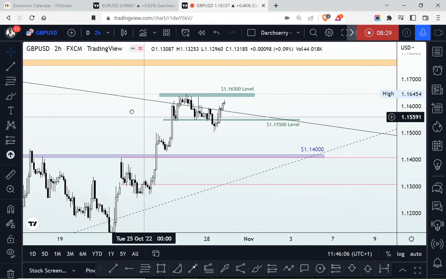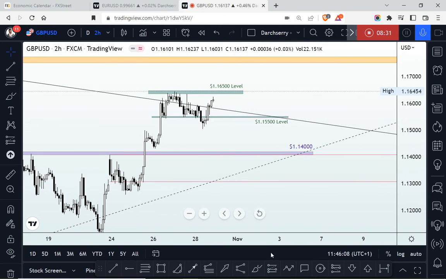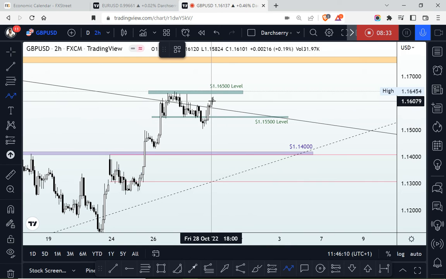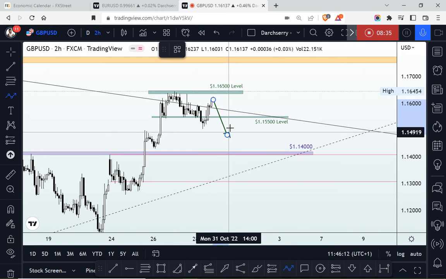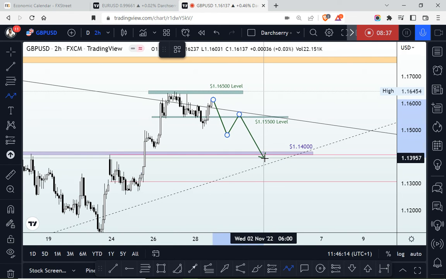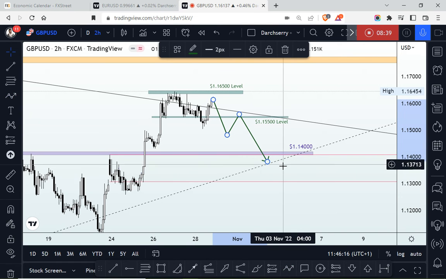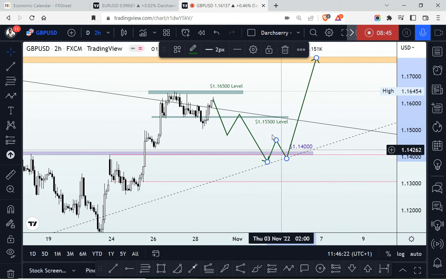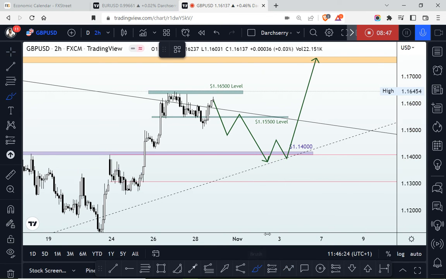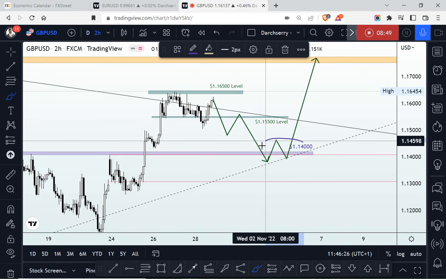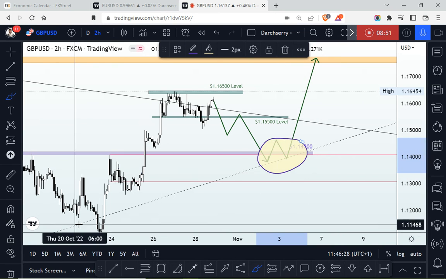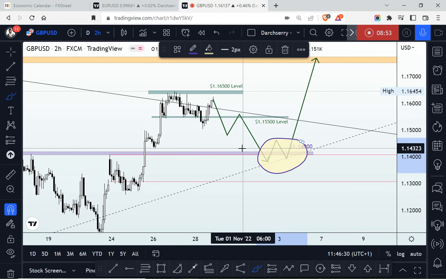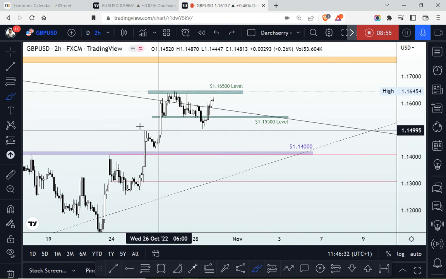So what we are going to be looking forward to this week is, first of all, we could have a breakdown of the 1.15 area, retest the structure, and come back into the 1.14 area, where we want to be seeing buying pressure to send price to the upside. That is the first scenario. And if we look at the 1.14 area here, it lines up exactly with that bullish trend line we identified on the daily time frame.